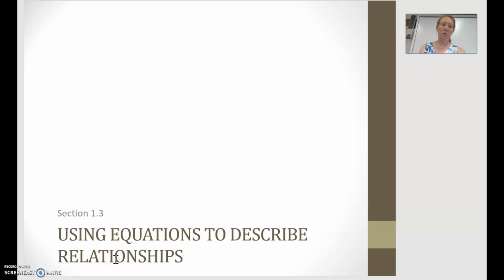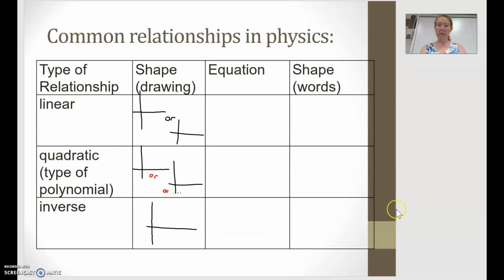These notes are on 1-3, which is about the types of relationships mathematically that we use in physics most often, how to graph them, and how to recognize them even when they are not in x's and y's. Okay, so the most simple of all would be linear, right?